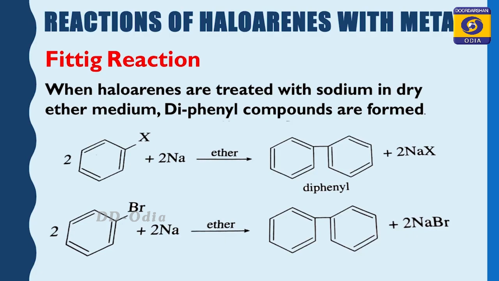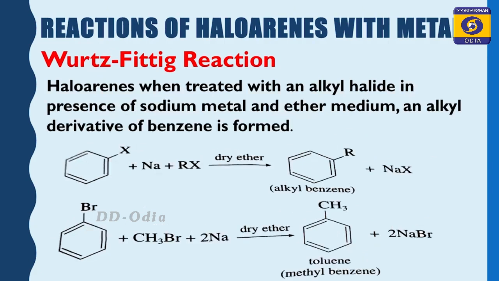There is another reaction of this type, which is known as the Wurtz-Fittig reaction. Students, those who are very clever among you might correlate these three reactions: one is the Wurtz reaction, one is the Fittig reaction, and this is the Wurtz-Fittig reaction. The Wurtz-Fittig reaction is somewhat a combination of the two. In the Wurtz reaction, we took alkyl halides, and in the Fittig reaction, we took aryl halides.